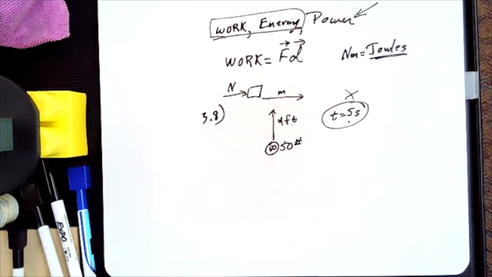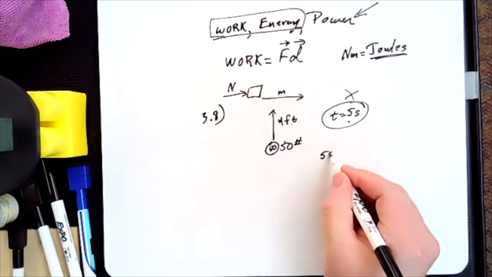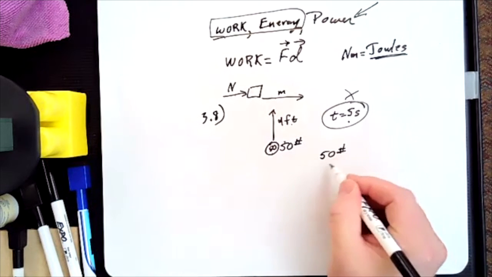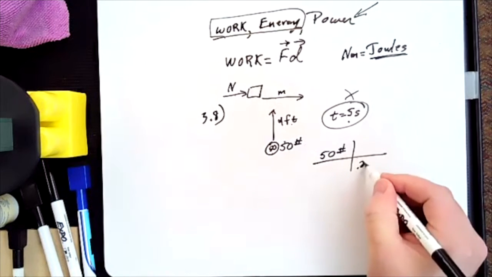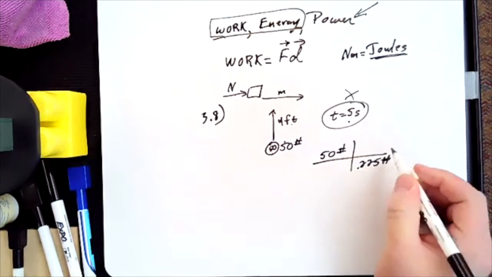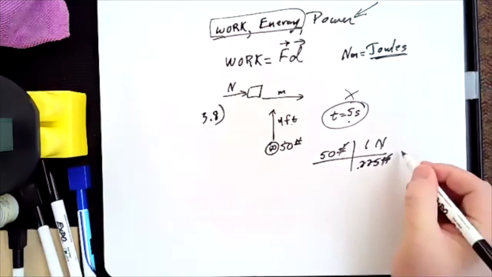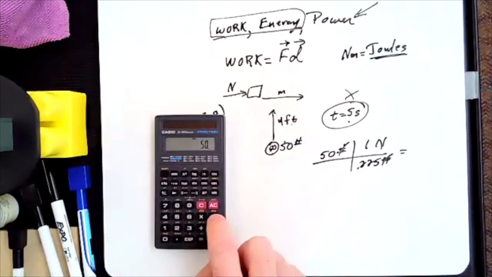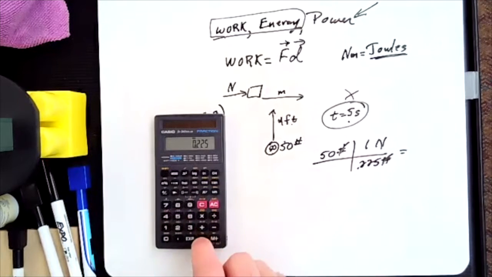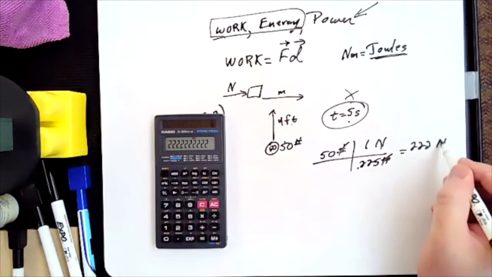It says 1 newton is 0.225 pounds. So I can do 50 pounds, and then I can just do 0.225 pounds is 1 newton. Okay, so I can do that. So 50 divided by 0.225 is 222 newtons.